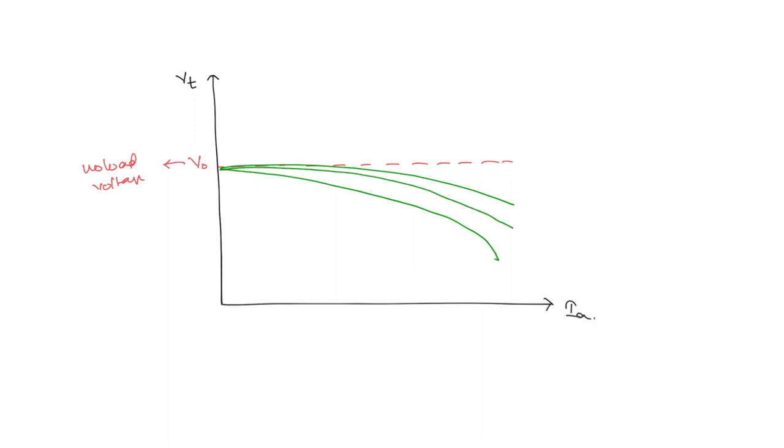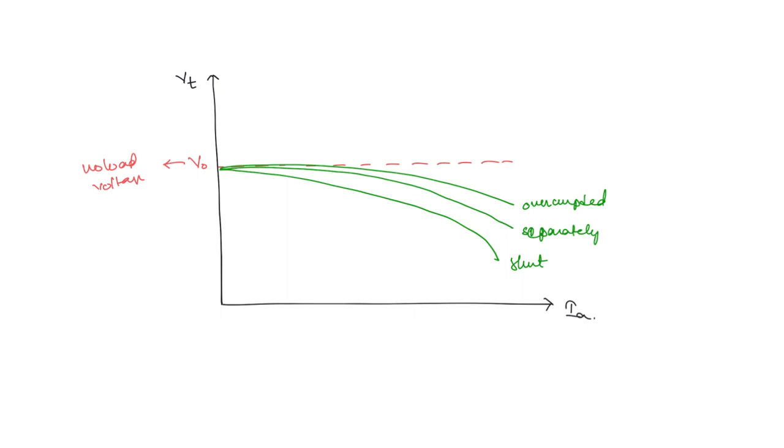Why? In compound generator you have an additional effect which is reducing the fall in the terminal voltage. Okay. So you can write down here, this is over compounded generator, this is the separately excited generator, and this is shunt generator.